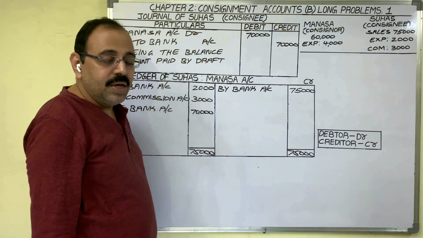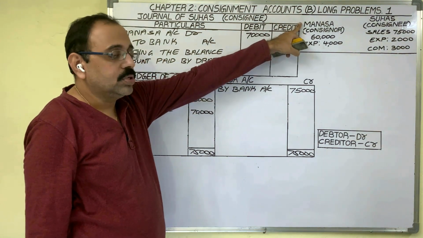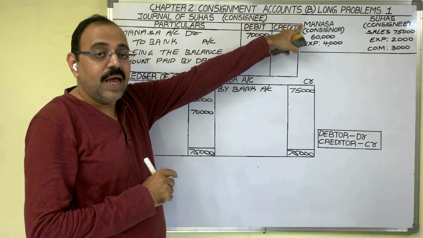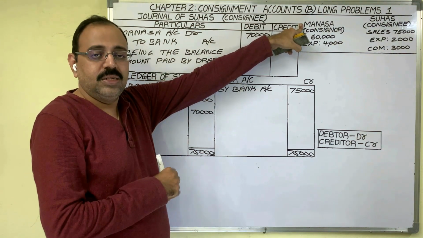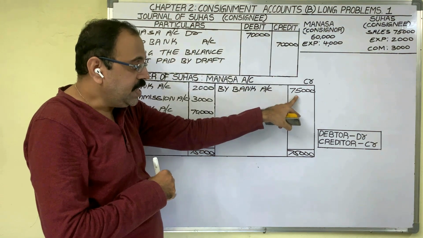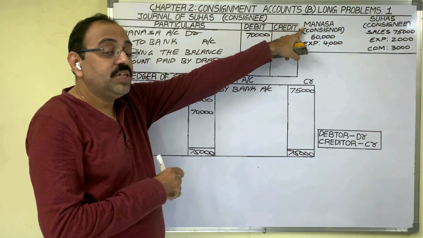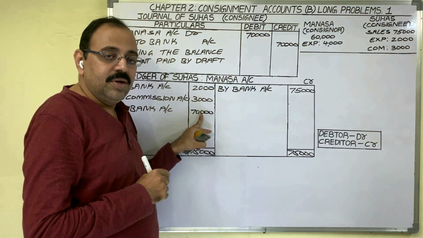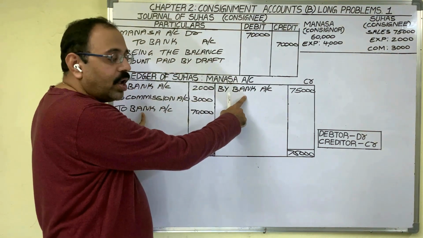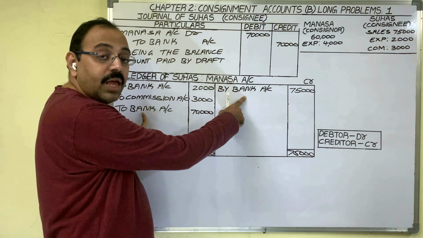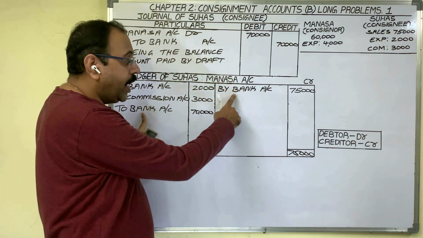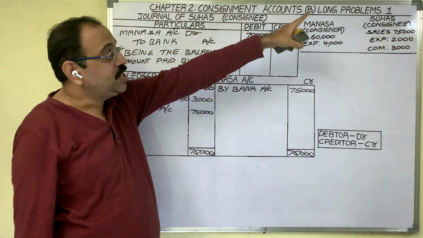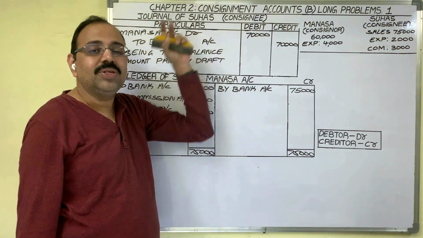So remember, in consignor books, while preparing consignee account, the amounts which we debit should be credited here and the amounts which we credit there should be debited here. But particulars column, you should not write the same account names. So accounts name differ. So this is all about first problem of consignment accounts lesson.